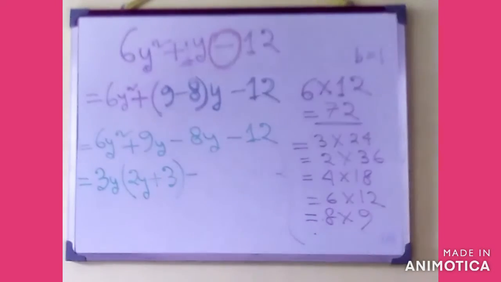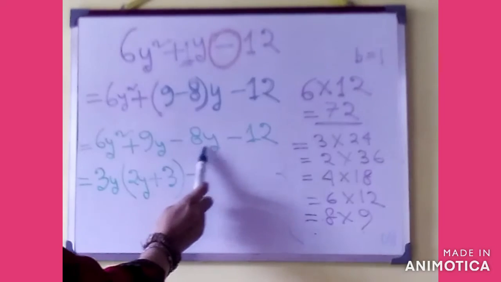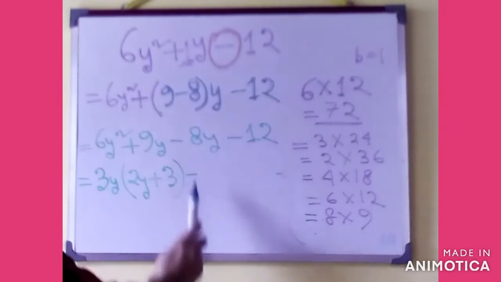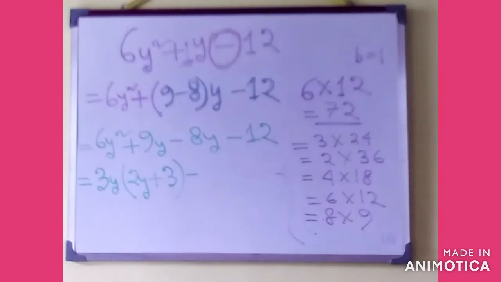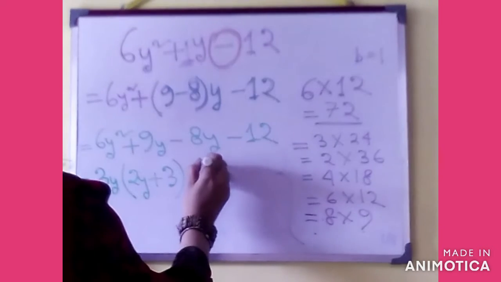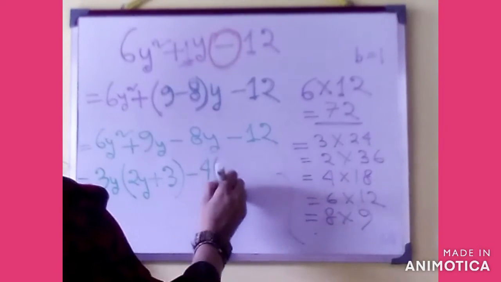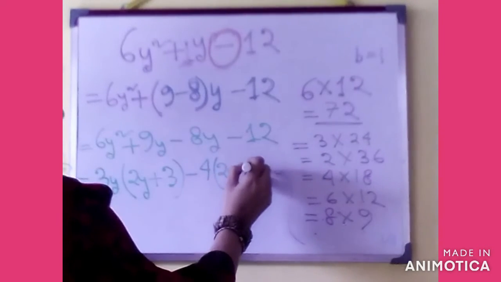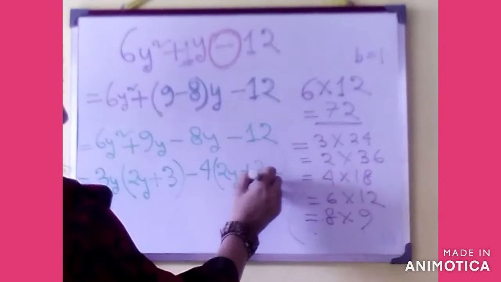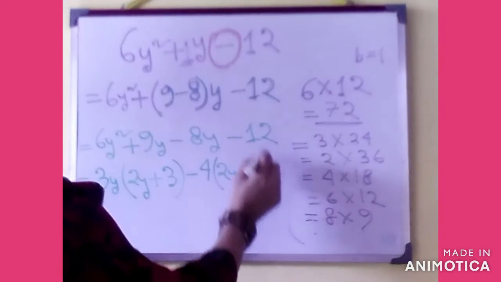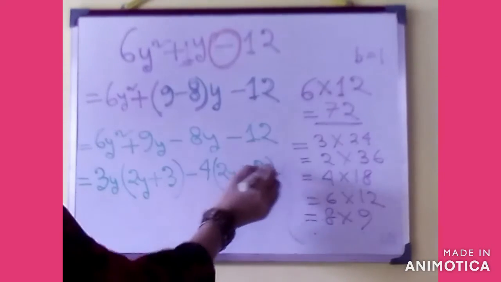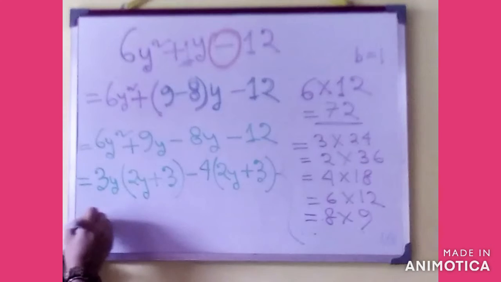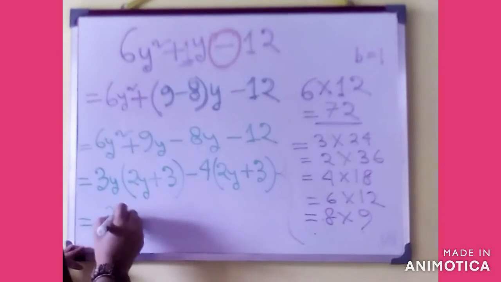And from the last two terms, 8y minus 12, I am taking minus 4 as a common factor. Then here I am getting 2y, and this is plus 3 from the fourth term. So now it will be 2y plus 3.